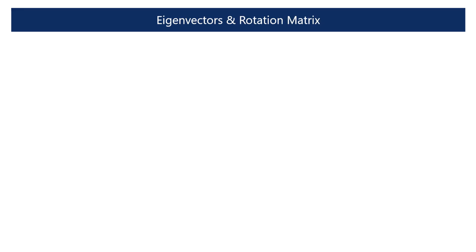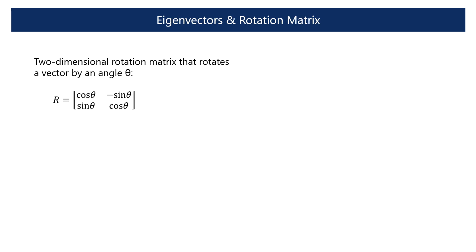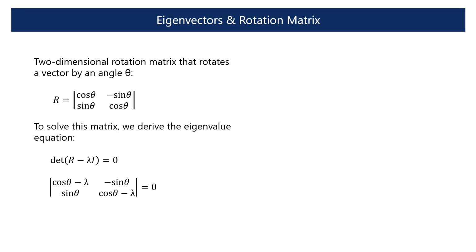A rotation matrix has the characteristic that it changes the direction of all vectors. Thus, it does not have real eigenvectors. For example, a two-dimensional rotation matrix that rotates a vector by an angle theta can be expressed in this way. To solve this matrix, we derive the eigenvalue equation.